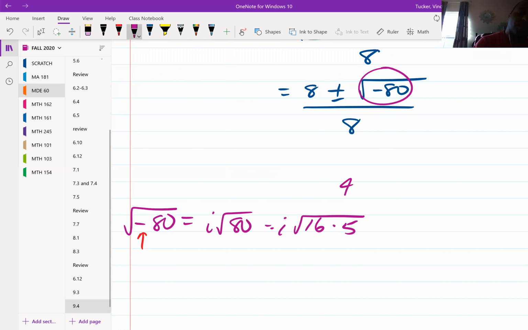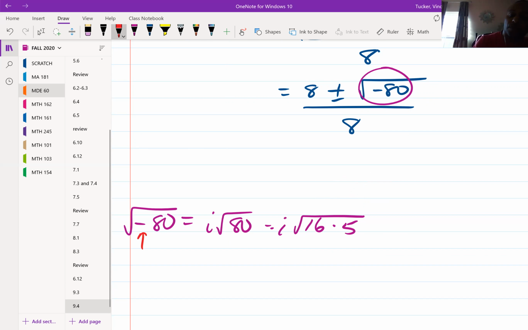I could do 4 times 20, but within this 20, I still have another 4 that I can take the square root of. Make sure you fully analyze the 20. If you have to break it down another time, you can. Either way, you still come up with the same answer. You just have to add an extra step.